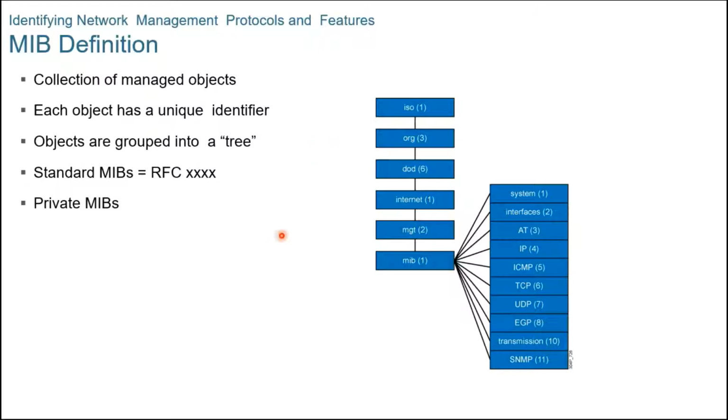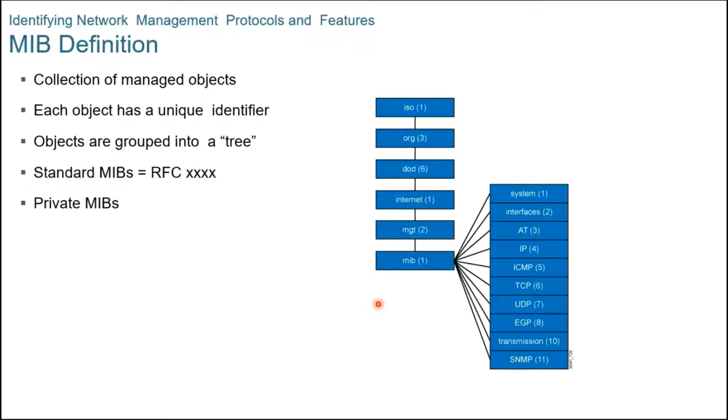These branches and those that fall below them are identified with short text strings and integers. Text strings describe object names, whereas integers form object identifiers that allow software to create a compact encoded representation of the names.